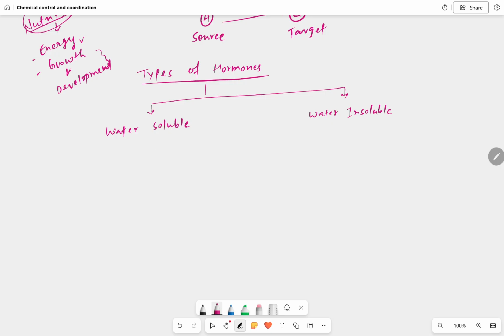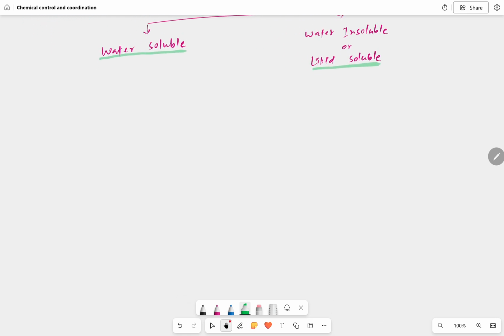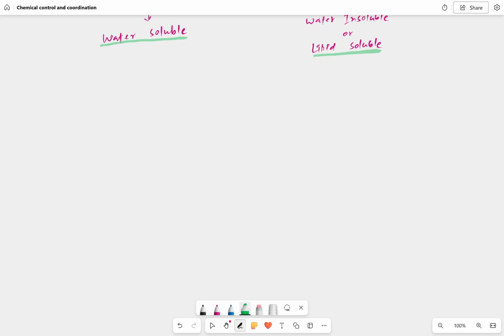If it is butter insoluble, we may also say that it is lipid soluble. So the main categories are butter soluble and lipid soluble. If it is butter soluble, it has two major categories: one is amine, and the other is peptide or protein.